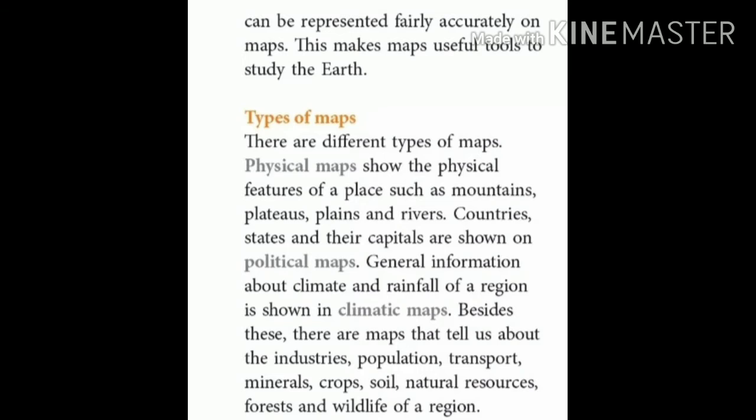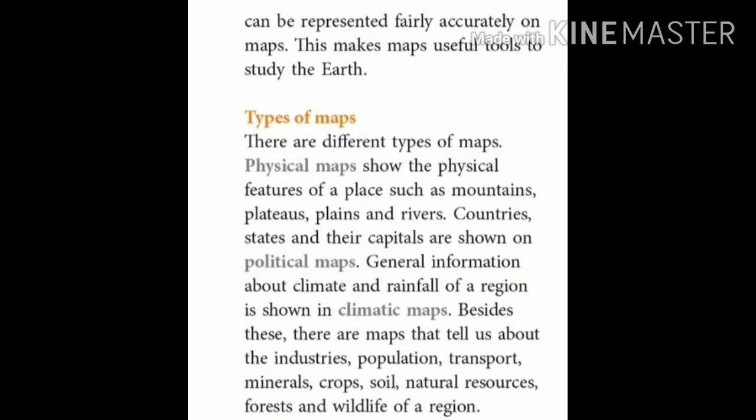Types of maps. There are different types of maps. Physical maps show the physical features of a place such as mountains, plateaus, plains and rivers. Countries, states and their capitals are shown on political maps.